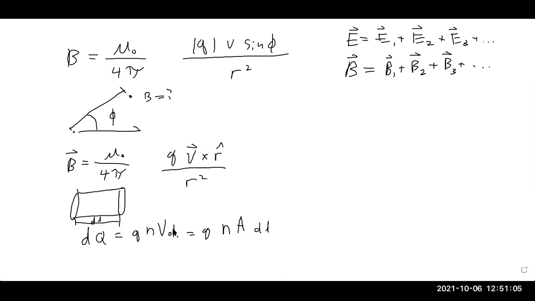So this can go into the magnetic field equation, the cross product equation above. Our new magnetic field element from that little bit, constants stay the same.